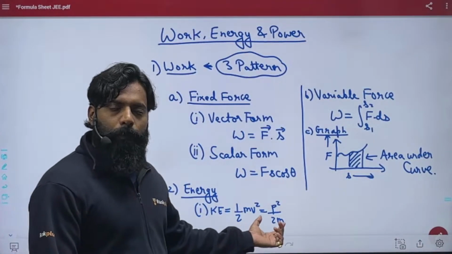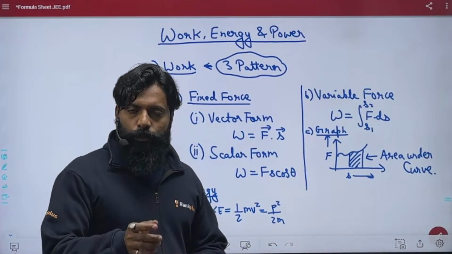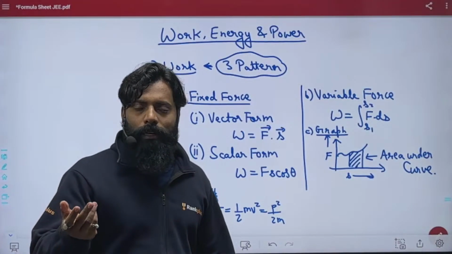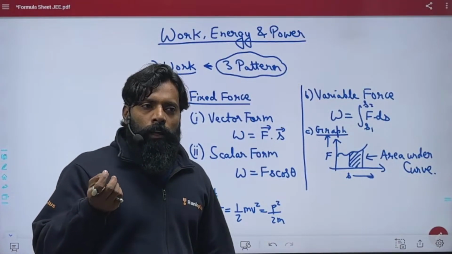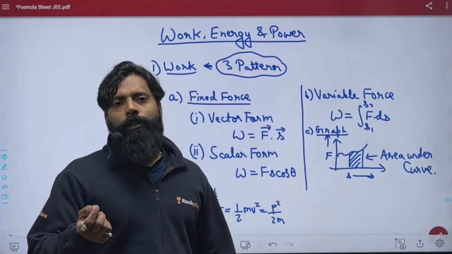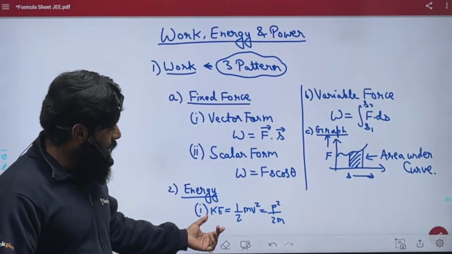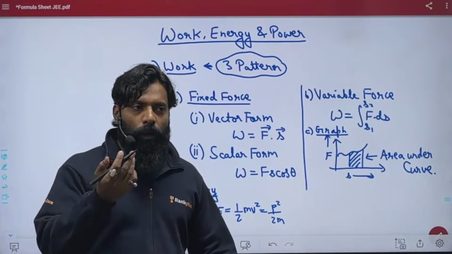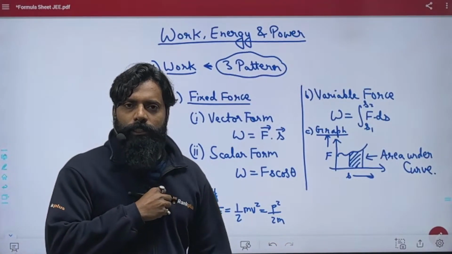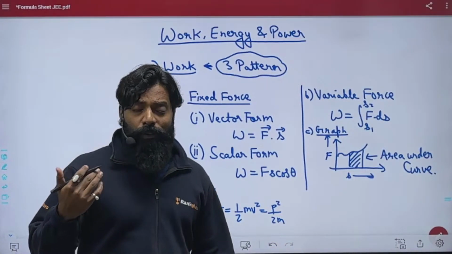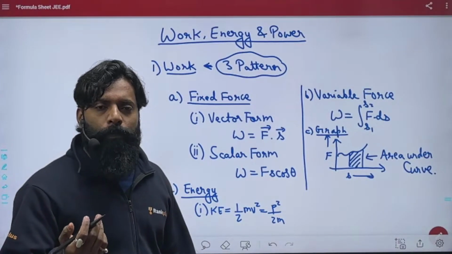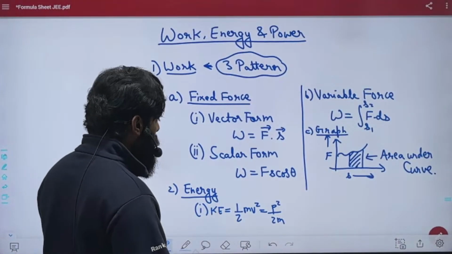In the previous year questions from this chapter, work, energy and power, which I covered in a separate session, the questions are basically coming from this formula. They ask that if momentum is equal, find the ratio of the kinetic energy, or if their masses are the same, what is the ratio of kinetic energy and momentum? So you have to remember this formula.